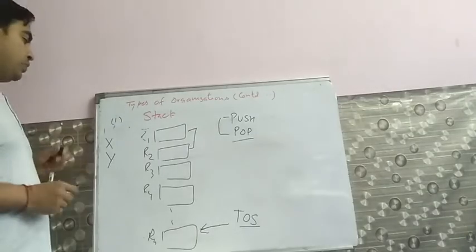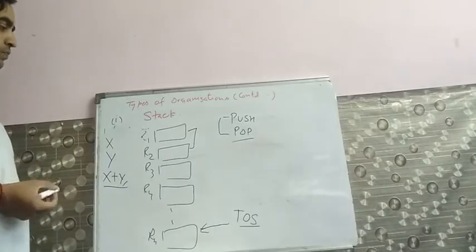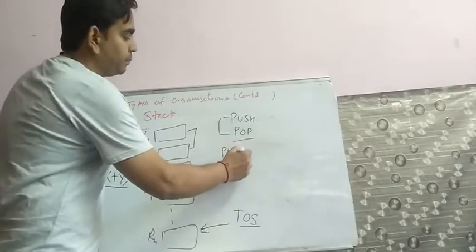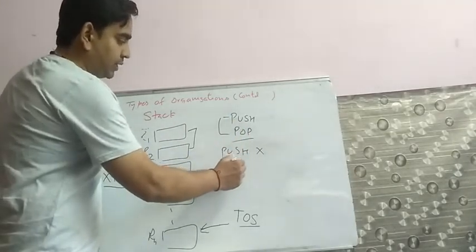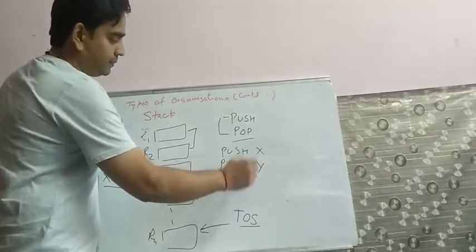So if we want to add X and Y, how will the instructions be written? We will simply push the content of X, push the content of Y, and call the add operation.